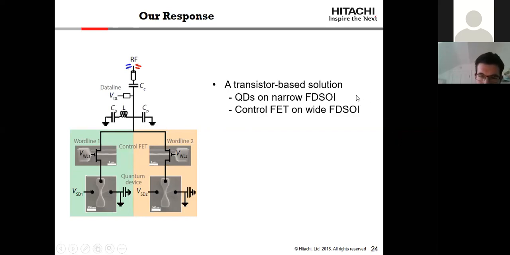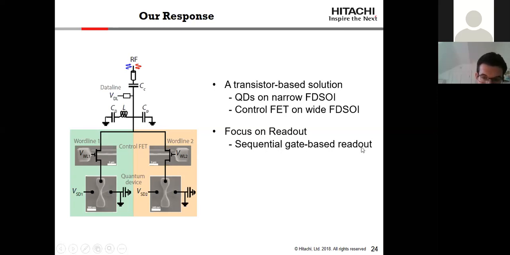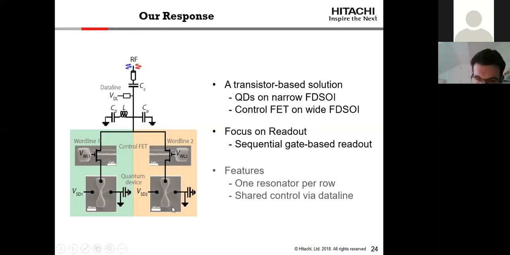So it's a transistor-based solution in which we have quantum dots on narrow FD-SOI transistors and control field effect transistors on wider FD-SOI transistors. I'm going to show sequential gate-based readout with this approach, in which we'll be reading one transistor as we access that using the control transistor 1, and then we'll move to the second one.